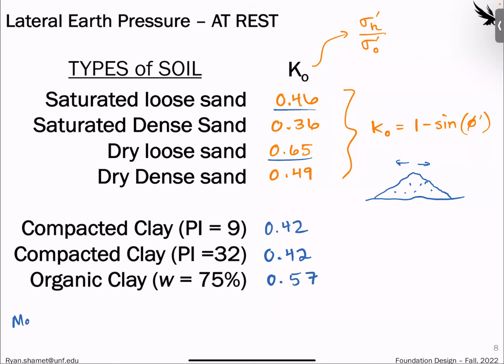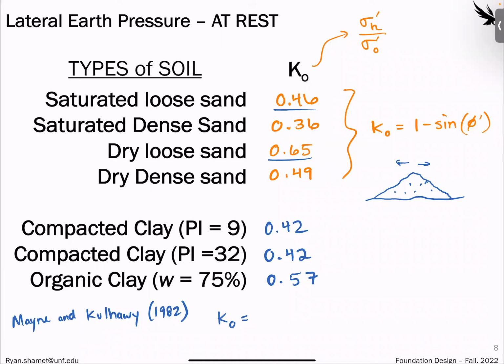These two guys, Paul Mayne and Kulhawy, out of Georgia Tech, have a big manual, and if you get into geotech, they have a lot of soil parameter correlations to different tests.